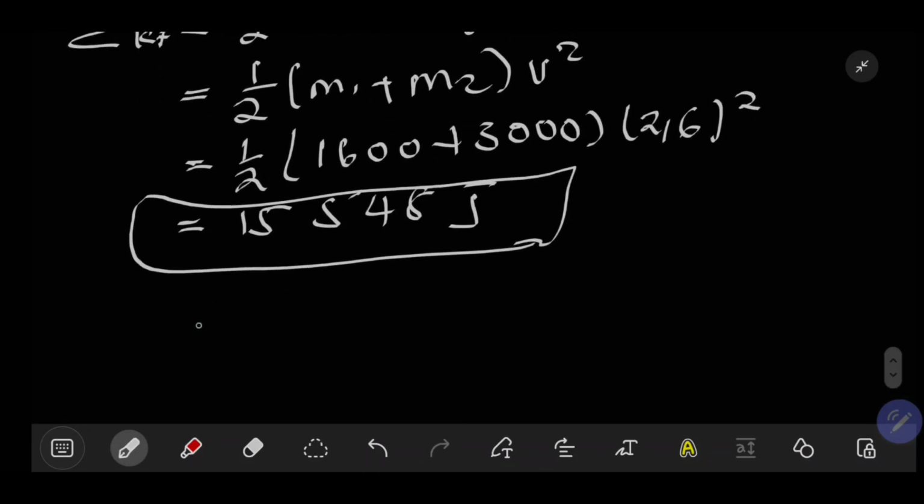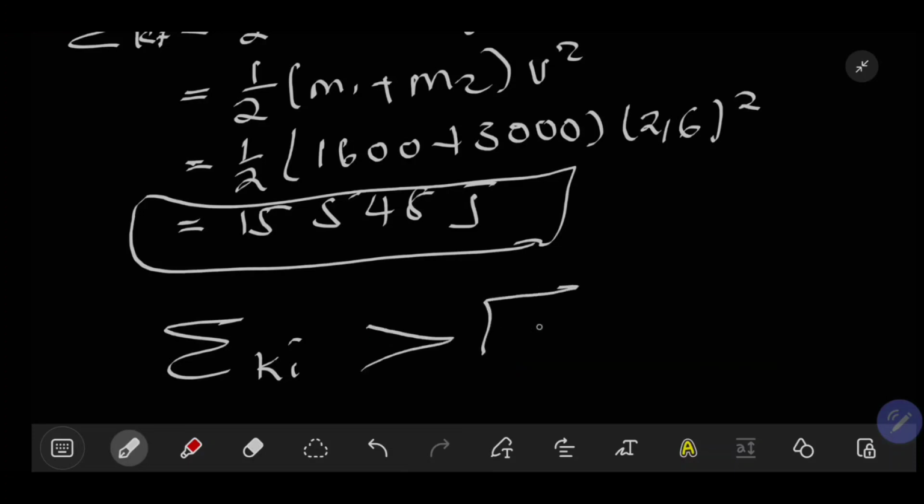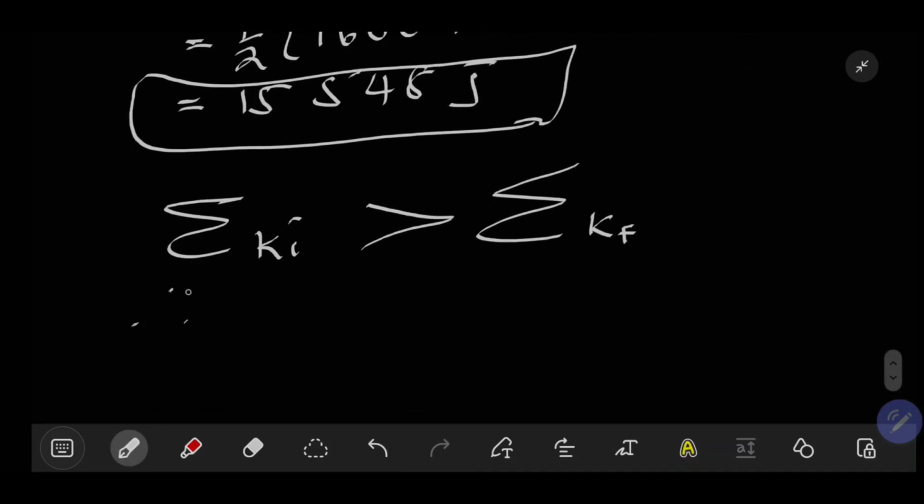So we can conclude that the sum of our kinetic energy initially is greater than the sum of our kinetic energy in the final position. Therefore this is an inelastic collision.